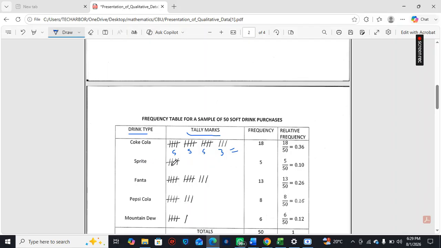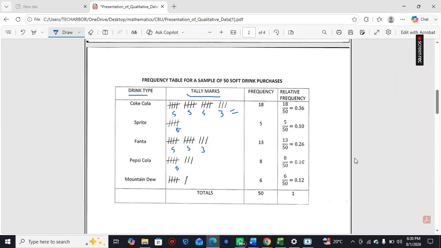Sprite, they counted, there's only 5, so the frequency is 5. Fanta, you can see 5, 5, then 3, so the total is 13 Fantas purchased. Pepsi Cola, 5 plus 3, 8. Mountain Dew, 5 plus 1, 6.